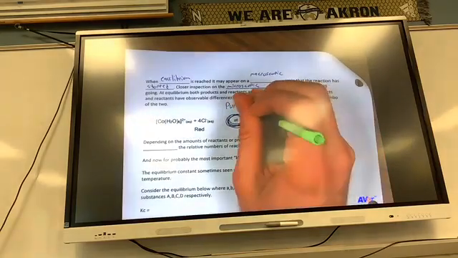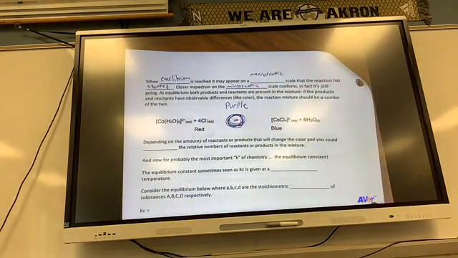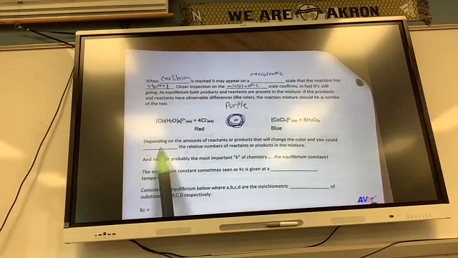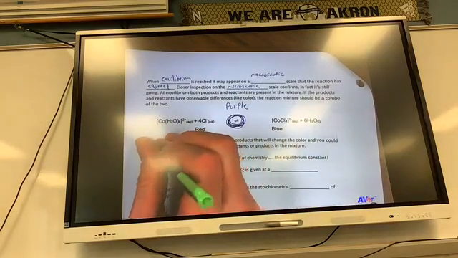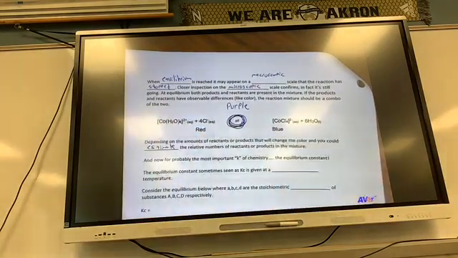Depending on the amounts of reactants or products, that will change the color, and you could estimate the relative numbers of reactants or products in the mixture. So if it's looking dark red, you have more reactant. Yeah, you got it.